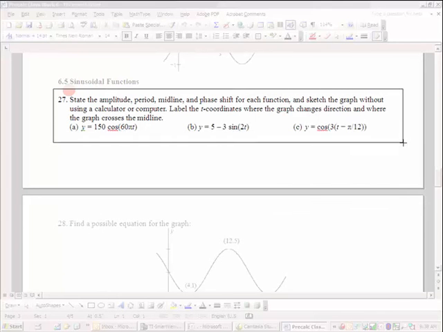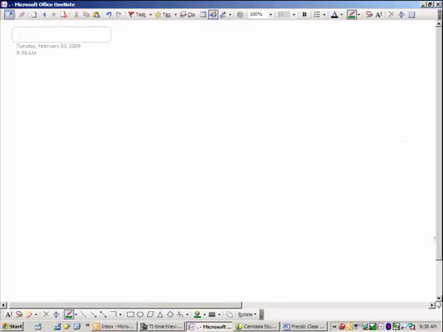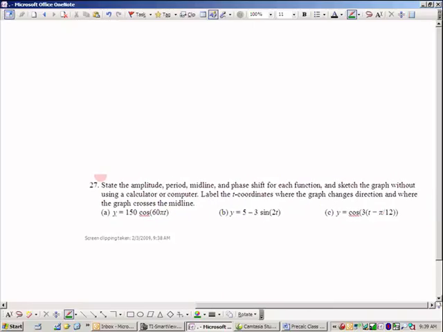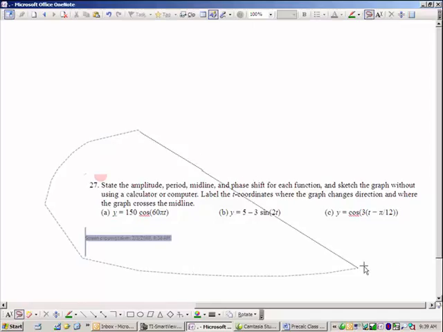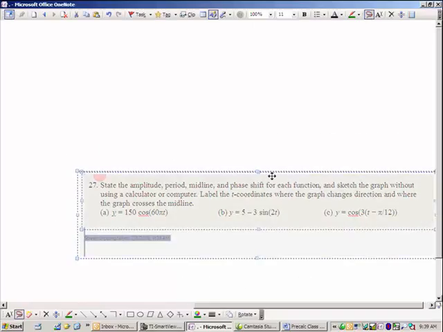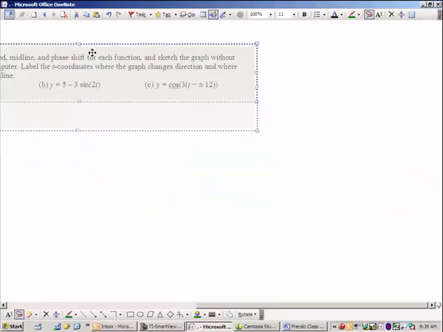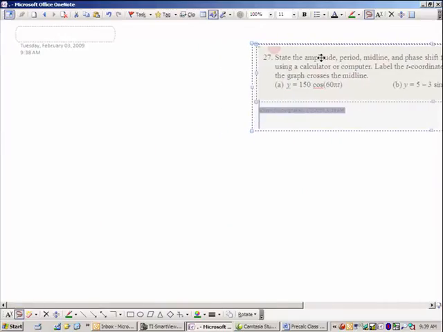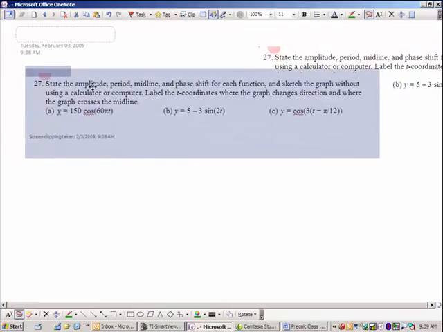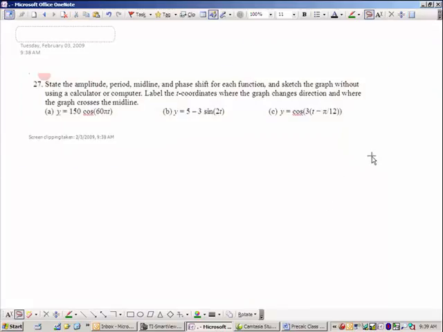So, without using a calculator, we need to talk about the amplitude, the period, the midline, and the phase shift, not the horizontal shift. So here's an example of where we might actually have to talk about the phase shift.